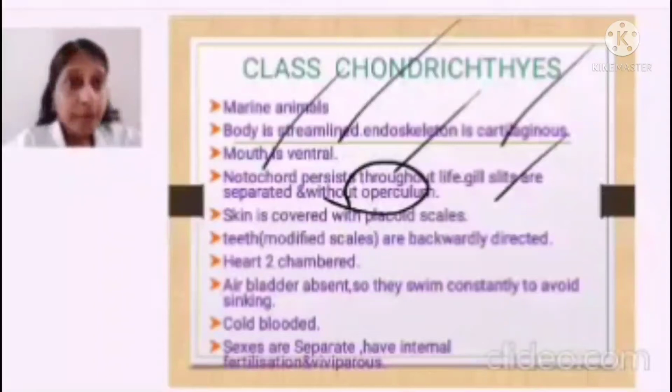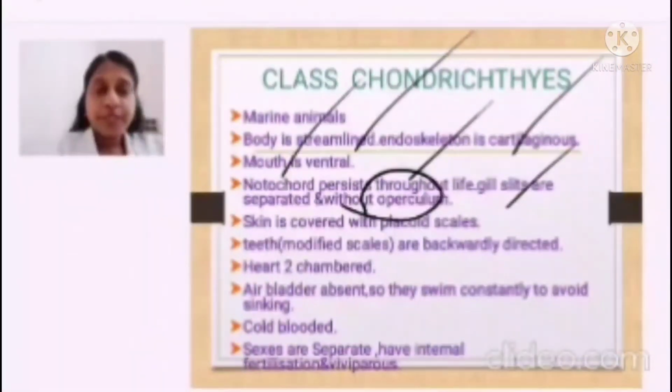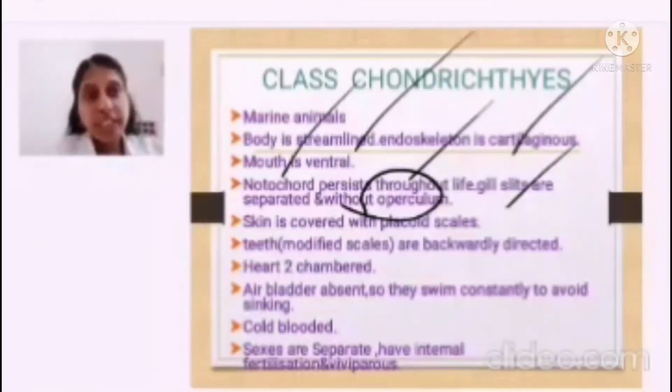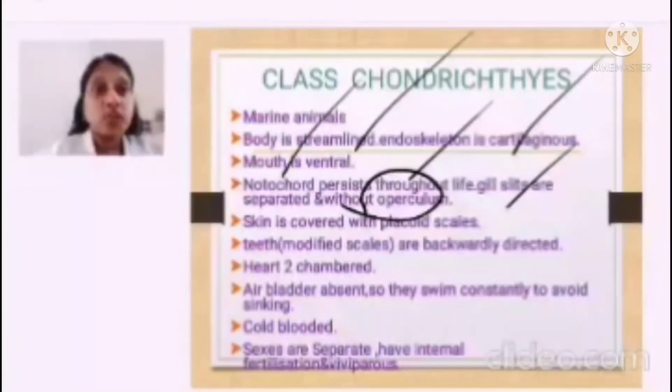Okay, cold-blooded animal, right? They are cold-blooded animal. What's the difference between these warm-blooded and cold-blooded? Warm-blooded animals are animals which can have their body temperature constant. Okay, they want a constant body temperature to be maintained so that they can survive. Cold-blooded animals are animals which can deviate there. According to the surrounding, they can change the temperature of their body.